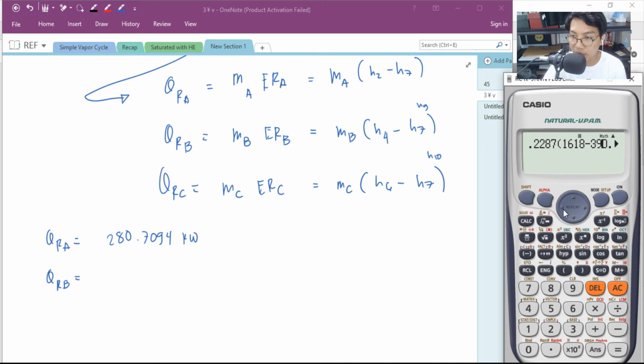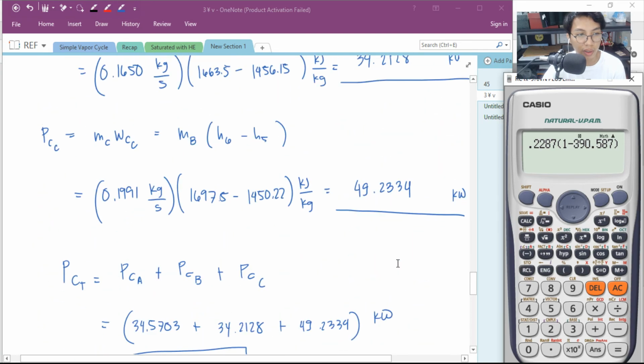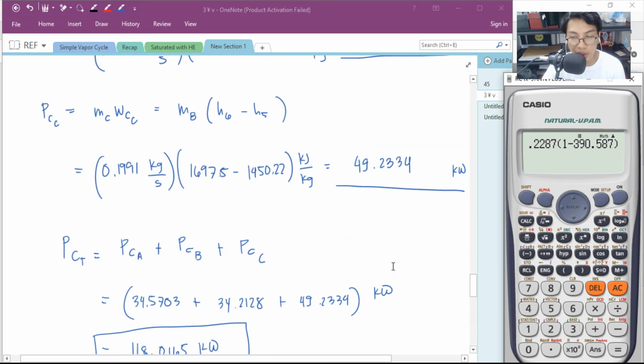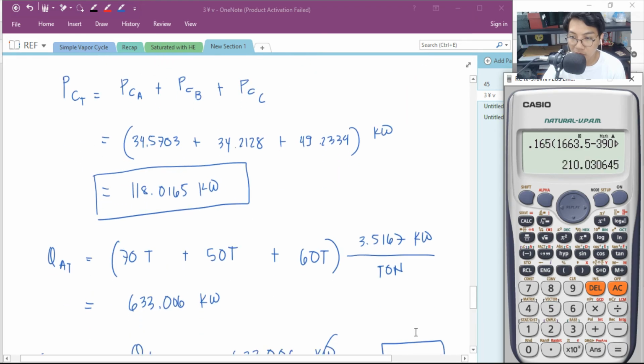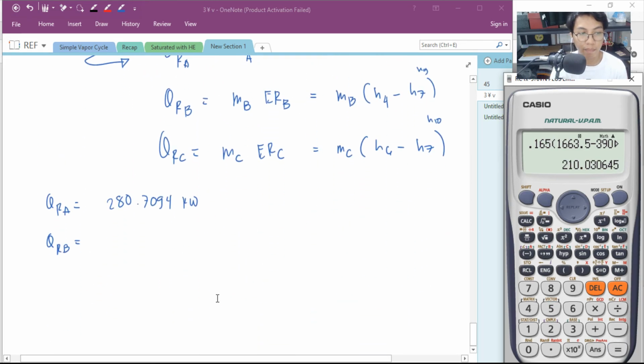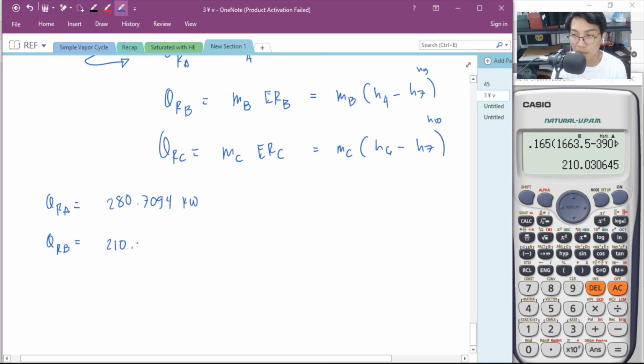0.1650 yan. Mabago yan H4. Ano ba H4 natin? H4 is 1663.5. Tapos dito 0.165, that is 210.036. QRC.